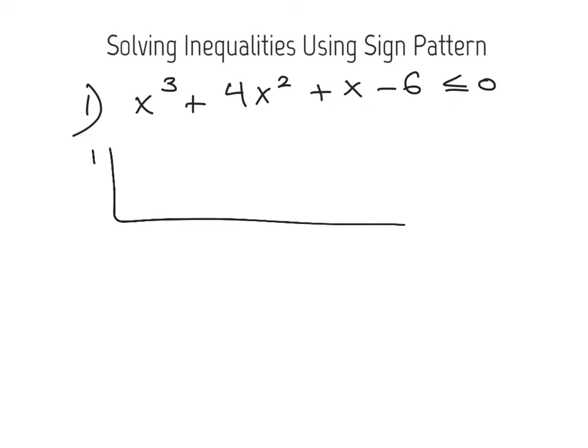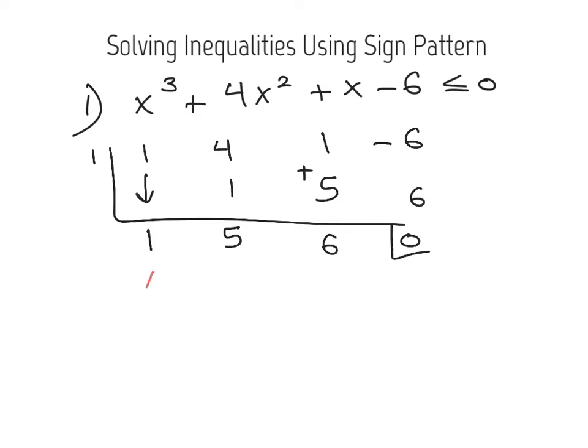So I'm going to divide by the root 1, and I know that it will work. That will give me a quadratic that I can factor further. What multiplies to give me 6 and adds to give me 5?